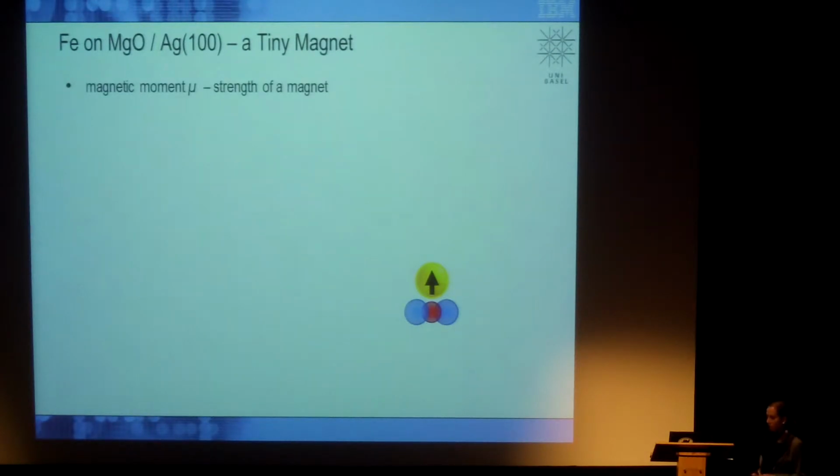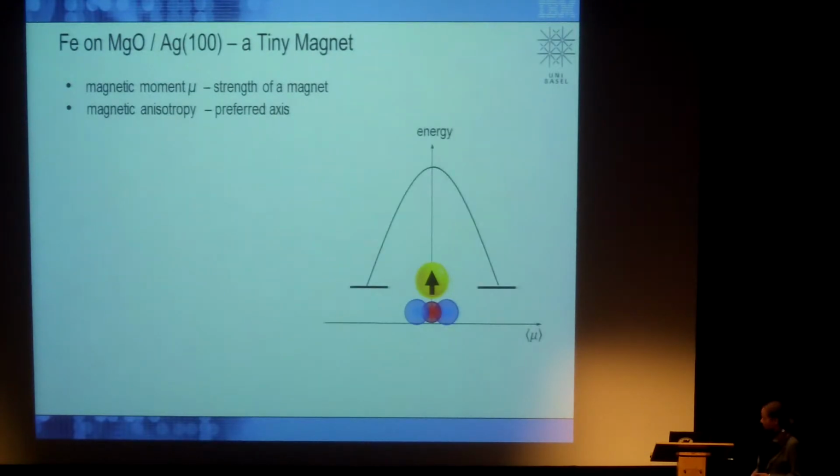To characterize magnets, one property is the magnetic moment mu, which is the strength of the magnet, and then there is the magnetic anisotropy, which is a preferred axis that the spin or the magnet wants to point in.